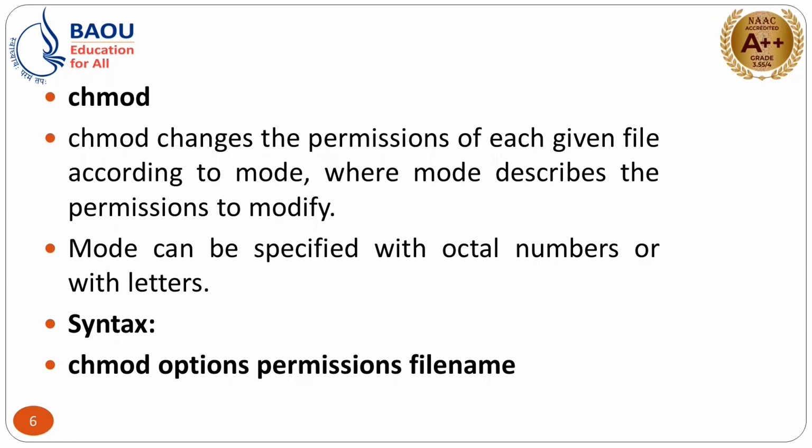So if you want to change the permission of a particular file, in that case you are using the chmod command. The syntax for chmod is, you have to use chmod on the command prompt, then the options that are optional, and then you can mention which permission you want to assign or revoke for a particular file, and then the file name.